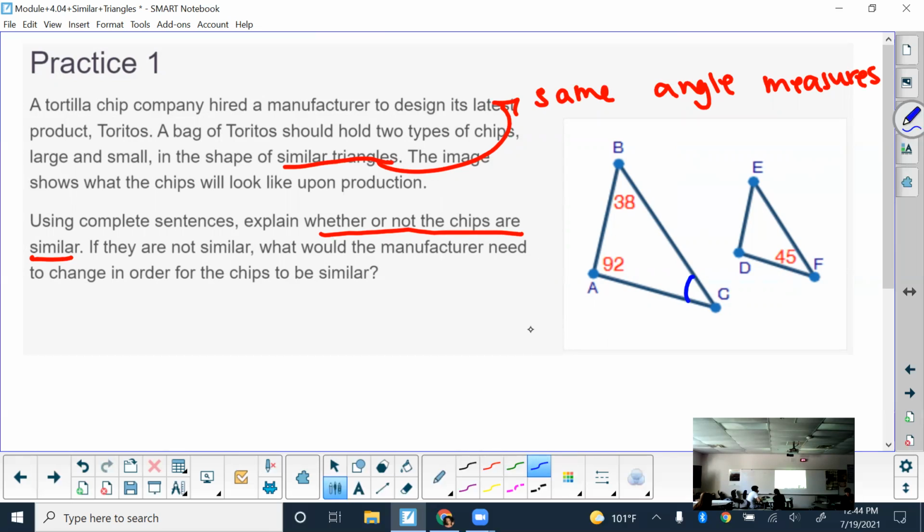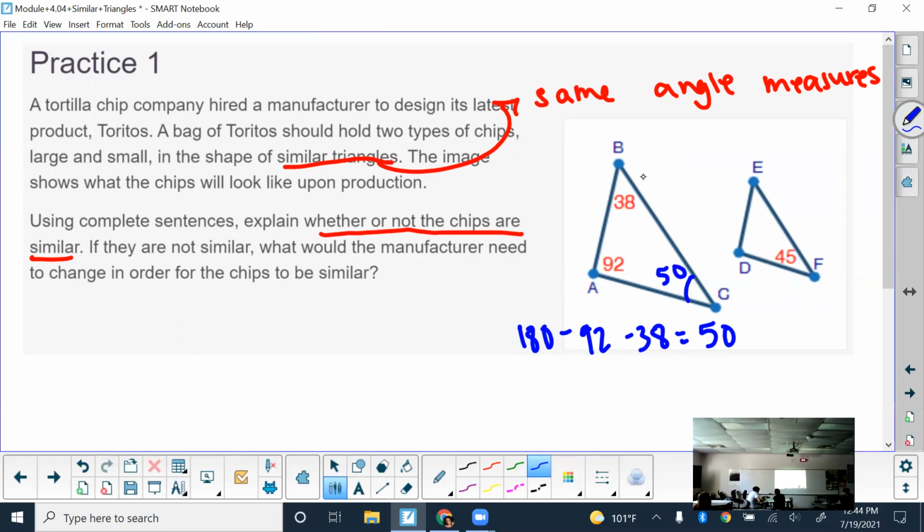All right, do we know how to find that missing angle? So when you have the 2 other angles, just take 180 minus whatever the 2 other angles equal. So angle C should be 50, good.